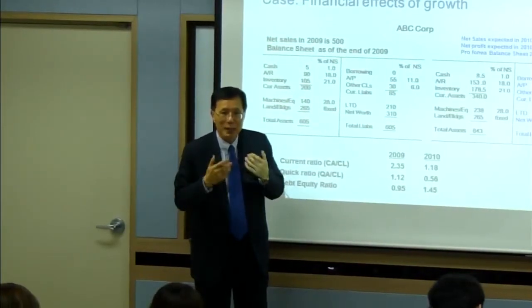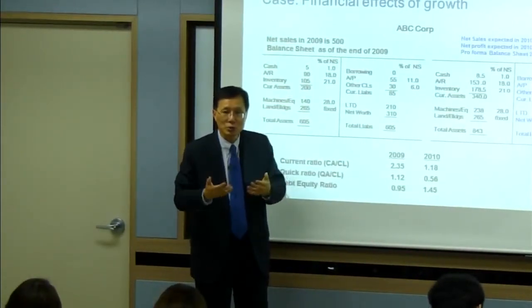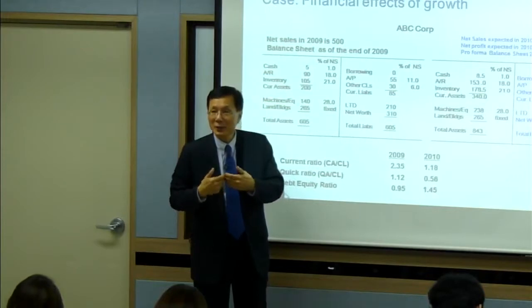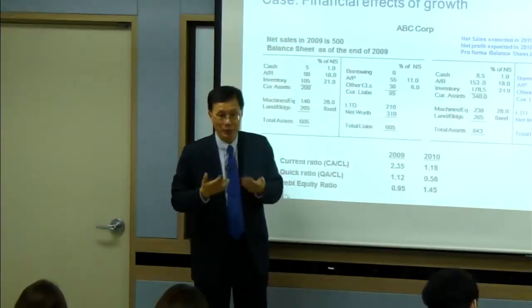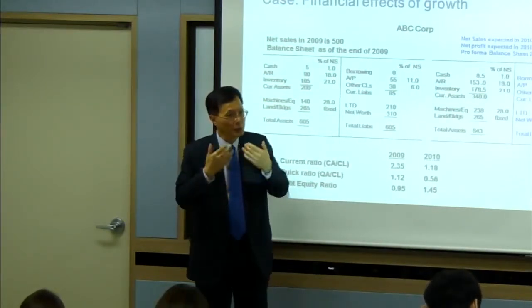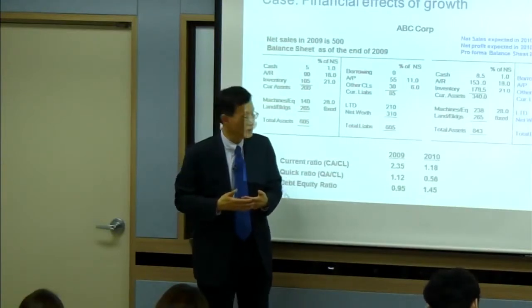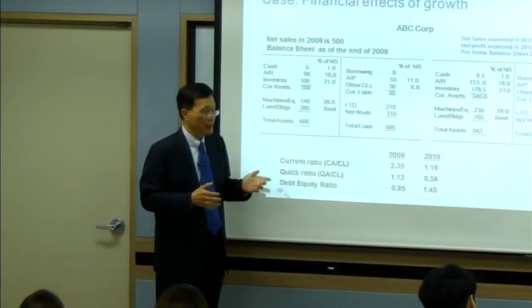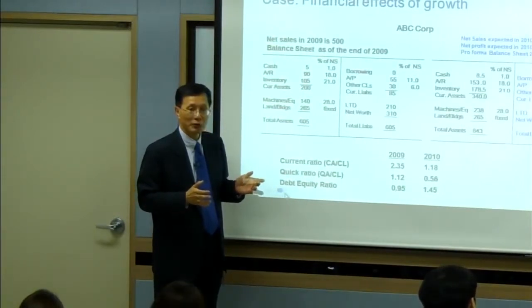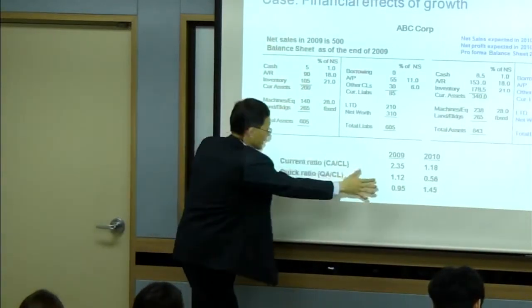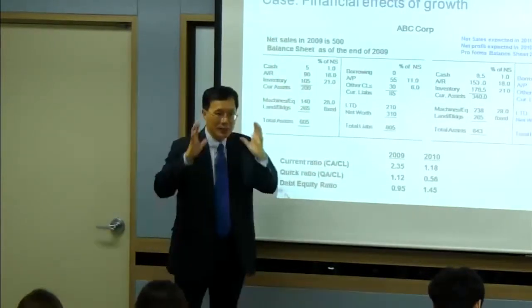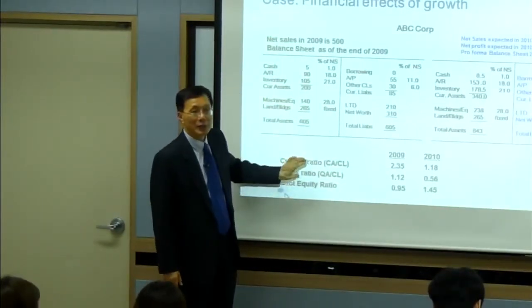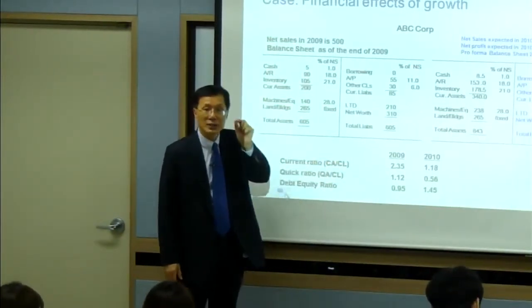The company may be subject to greater level of liquidity risk or solvency risk. May not be able to pay back its current liabilities. Debt equity ratio has gone up from 0.95 to 1.45. So by looking at the ratios, you can tell that company's liquidity position has deteriorated.